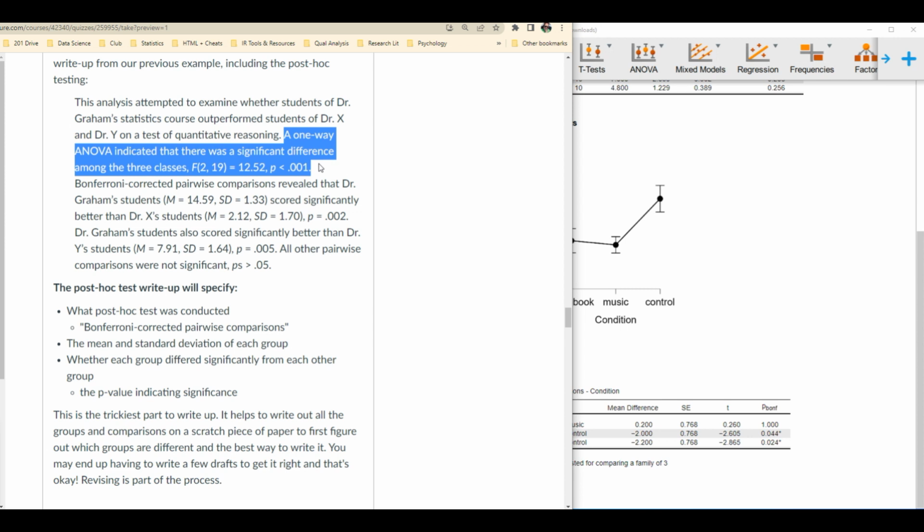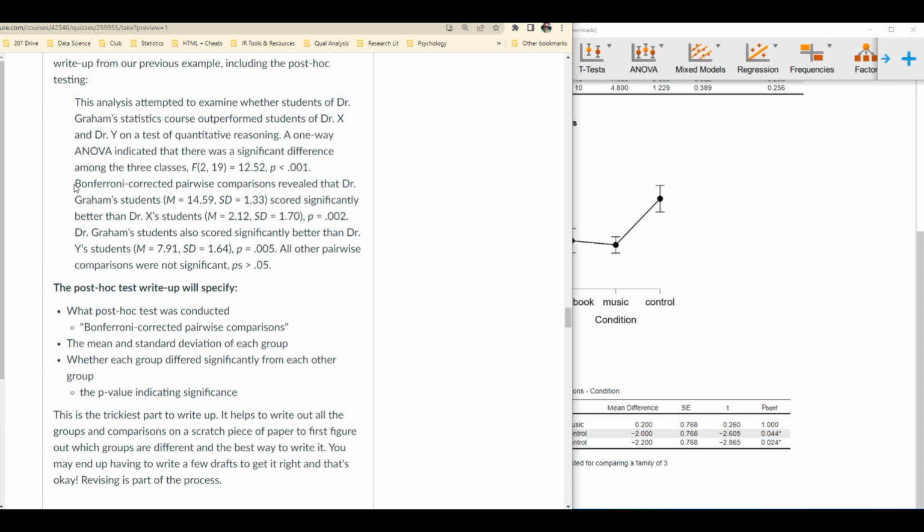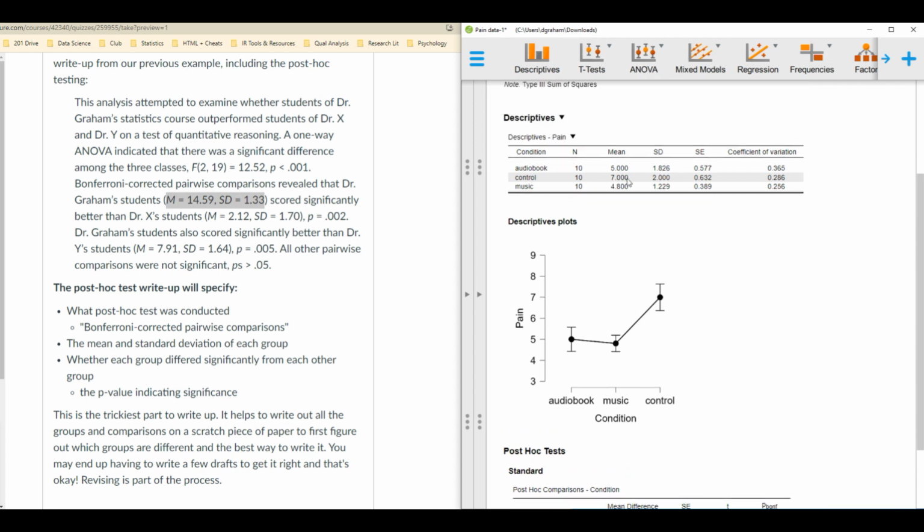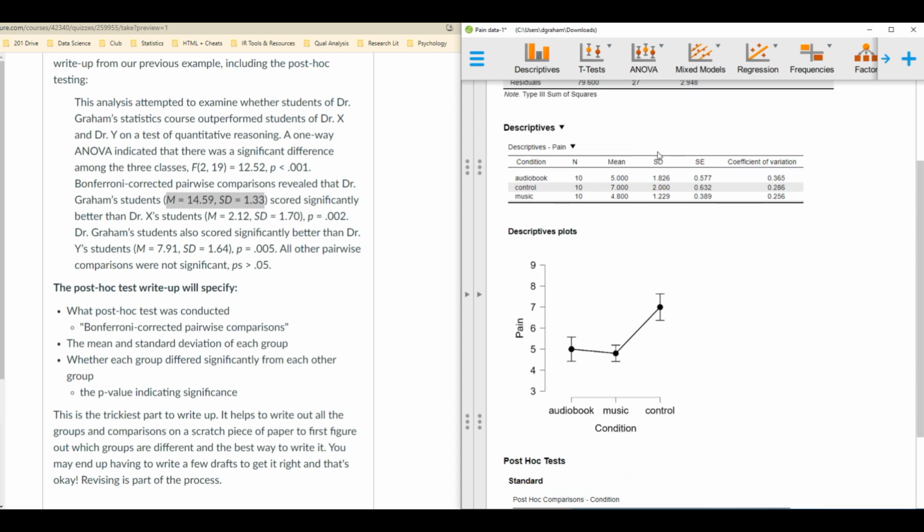And because there's a significant difference with more than 2 groups, we conducted a post hoc test and Bonferroni corrected pairwise comparisons revealed that one group, and here is the mean and standard deviation, those come from our descriptives table here. That's why we select for this, means and standard deviations.